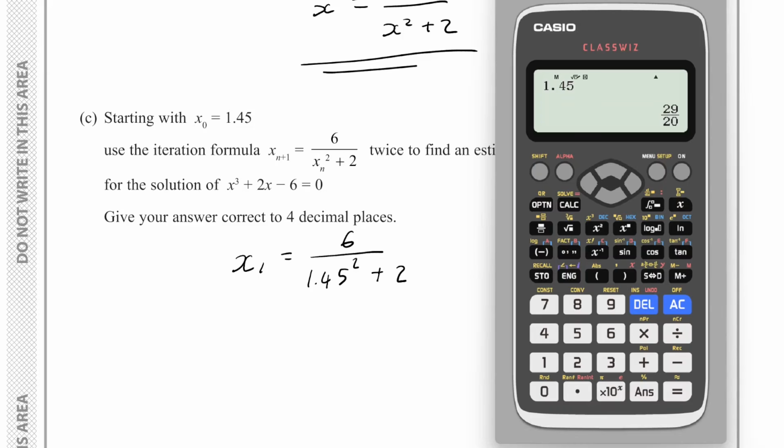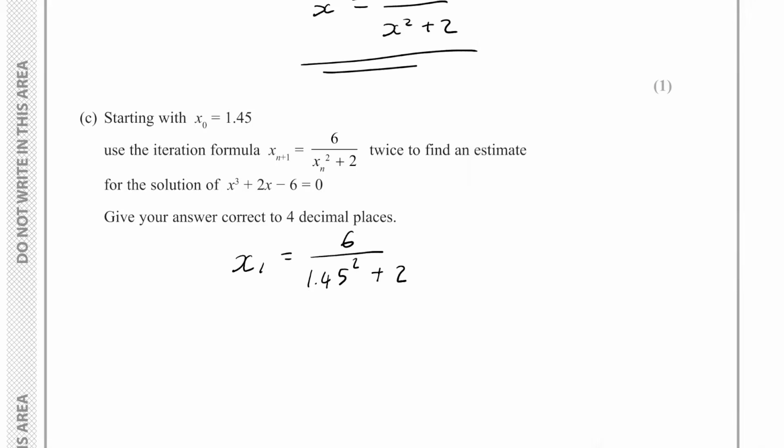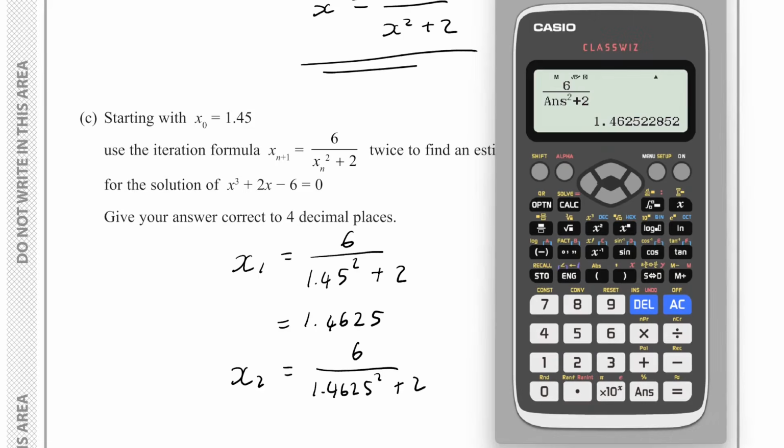So it's our answer button. And then we'll do 6 over answer squared plus 2. And that's 1.4625. And then for x2, we can have 6 over our answer squared plus 2. So I'm just going to press equals again, and we get 1.4496.